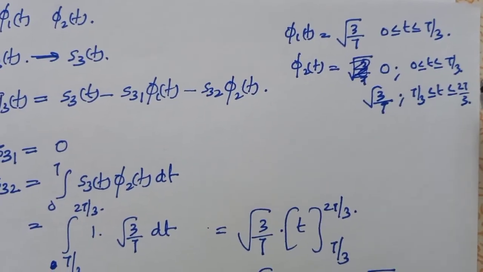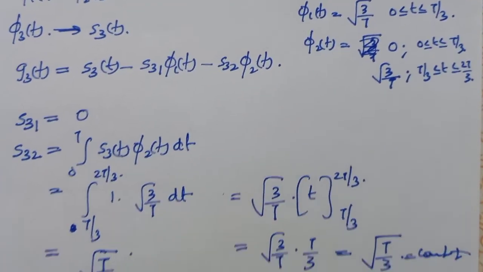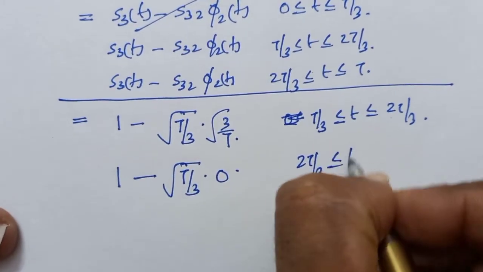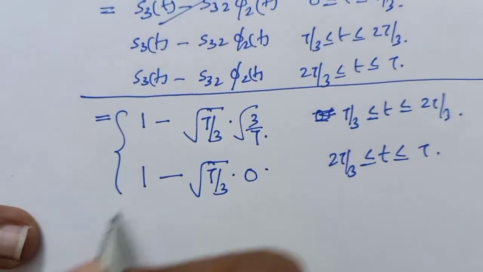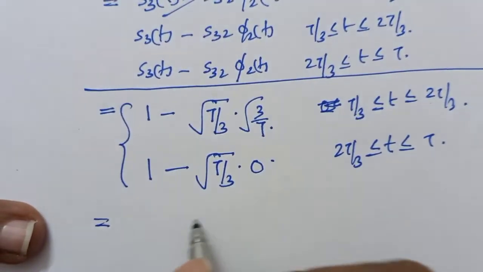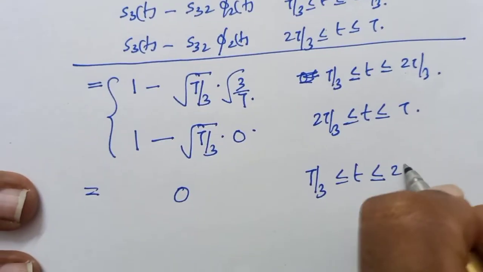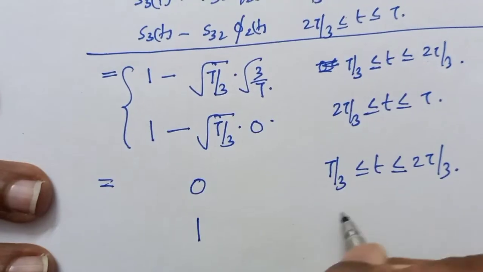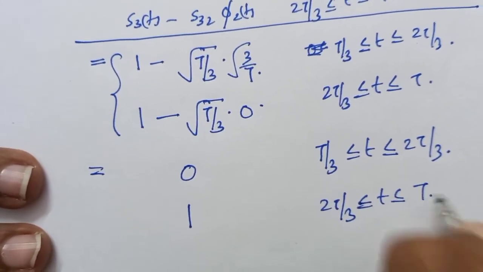So there is no component of phi2(t) in the range of 2T by 3 to T. So this will be 0, that is for 2T by 3 less than or equal to t less than or equal to capital T. So this will be equal to 1 minus 1, which is 0, in the range of T by 3 less than or equal to t less than or equal to 2T by 3, and 1 minus 0, that is 1, for 2T by 3 less than or equal to t less than or equal to capital T.